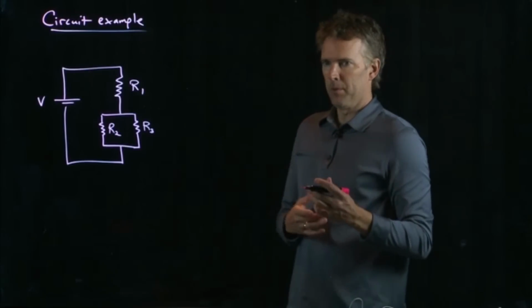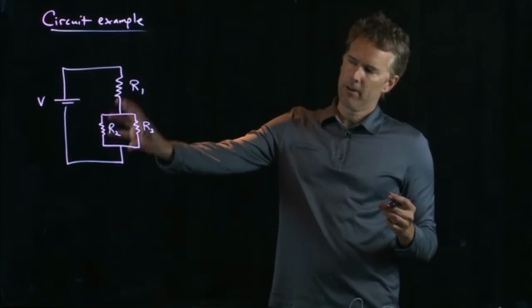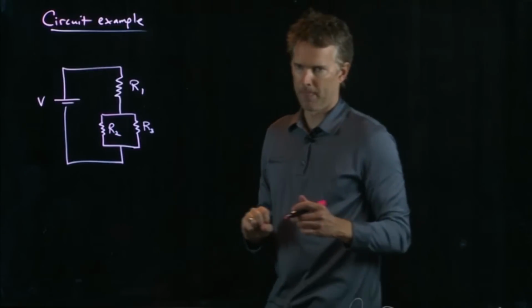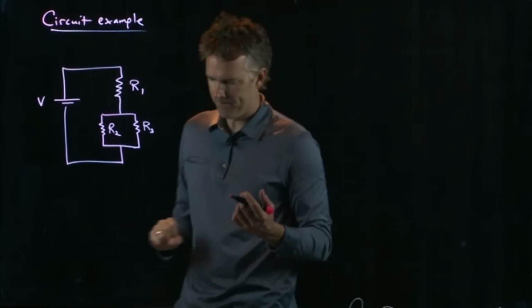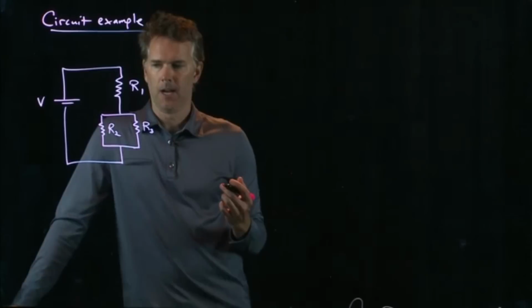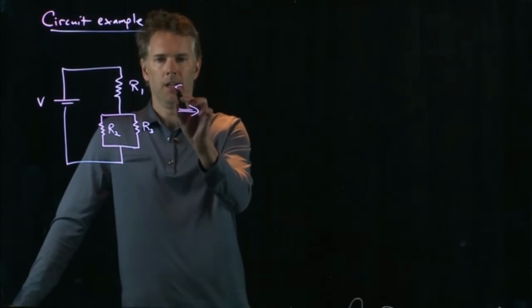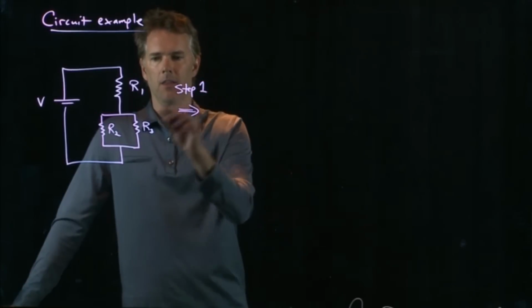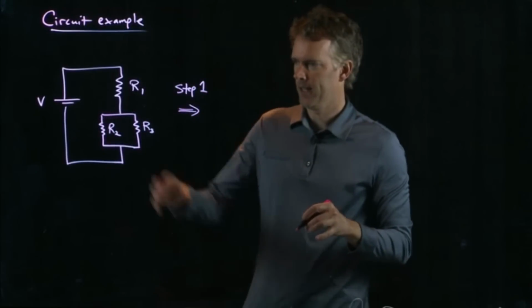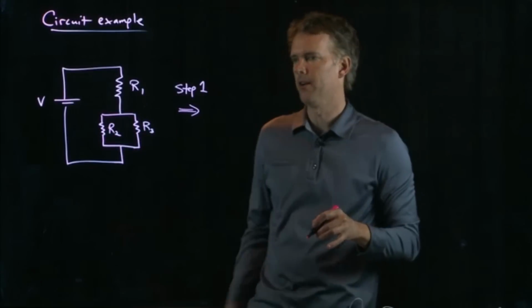And the goal is to simplify this to just a battery and one resistor. Okay? So how do I do it? Well, I do it in 2 steps. Step number 1 is simplify the parallel. Okay? Let's simplify this portion right here.